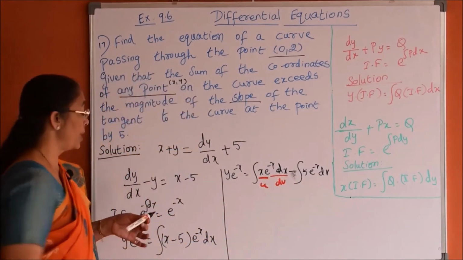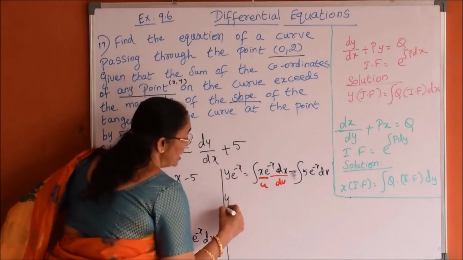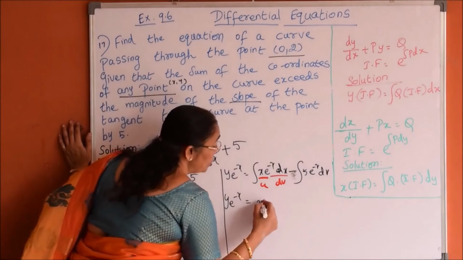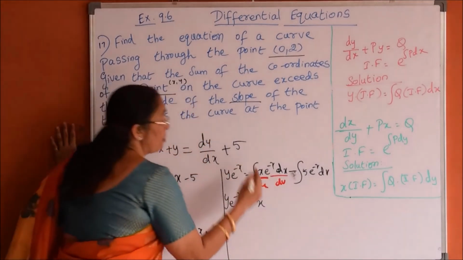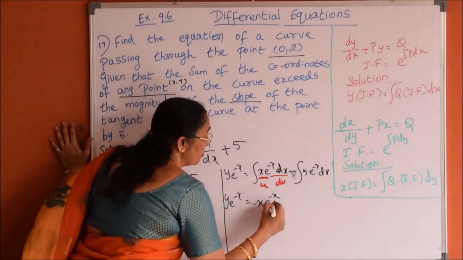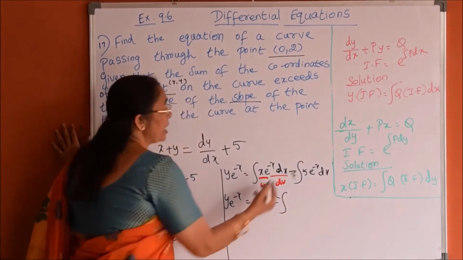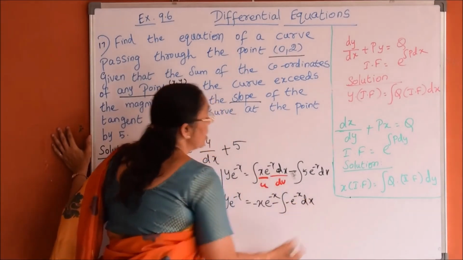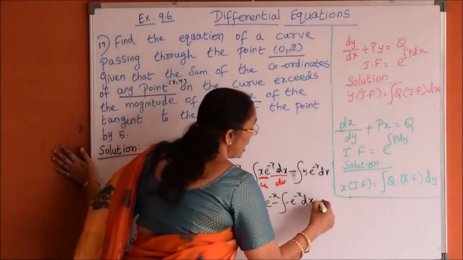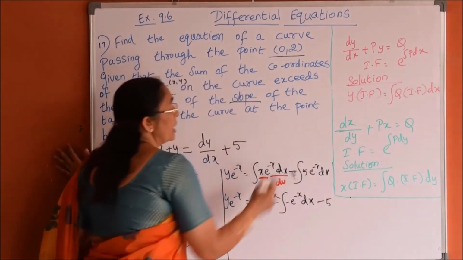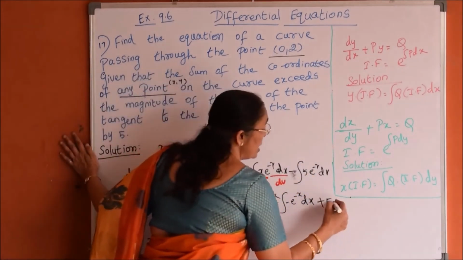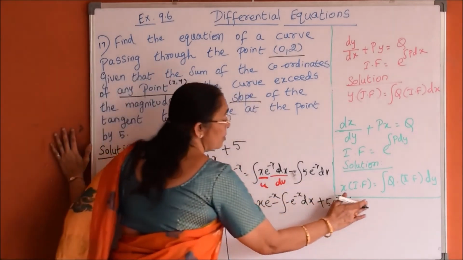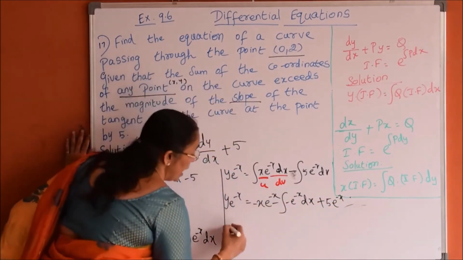By applying the product rule, uv, our left hand side is y e power minus x, with u is x into the integration of dv, which is minus e power minus x, minus integration of v du, that is minus e power minus x into the differentiation of u, which is dx, minus 5 can be taken outside, integration of e power minus x is minus e power minus x, plus c. We can add c still because one more integration is there; we can add c at the end.